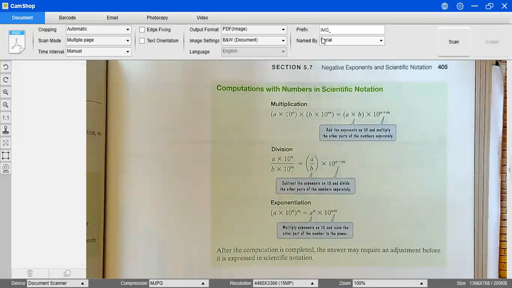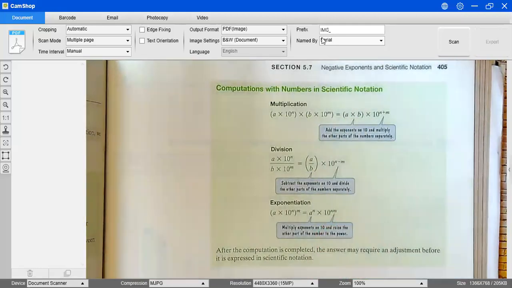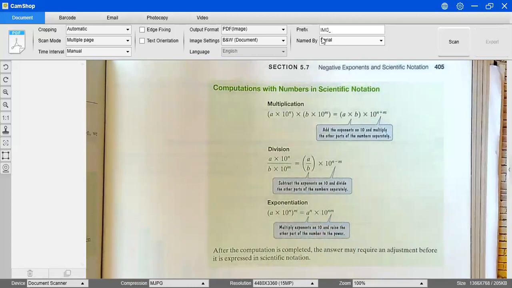When you multiply two numbers in scientific notation, you multiply the mantissas, and you work on the powers of 10 by adding the exponents.